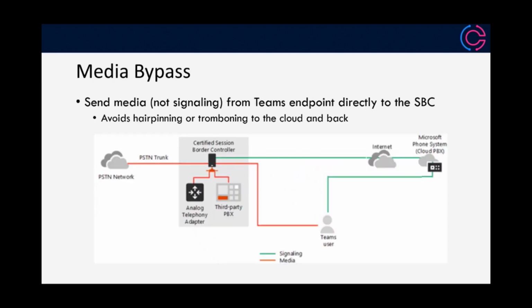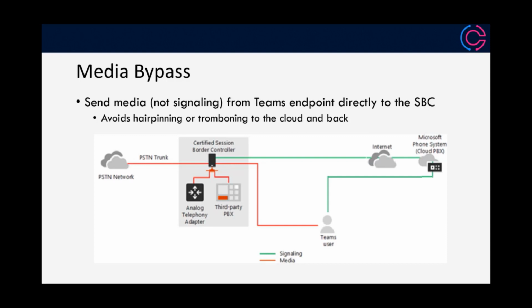So media bypass is the idea that in an organization, it doesn't make sense for your media, your voice from your phone or your headset, to go across your organization and then back across your organization between various systems. In the Teams world, this is the idea that if I've got my session border controller in my physical office building or local to me in town, if I'm working from home, it doesn't make sense for me to send my audio up to the cloud and then have it come back down to the session border controller in my own location to go out for a local phone call.